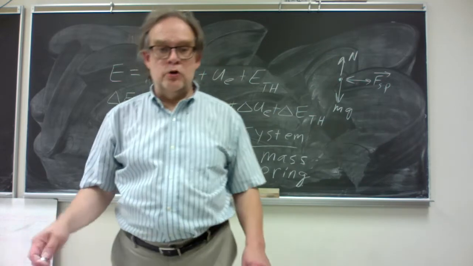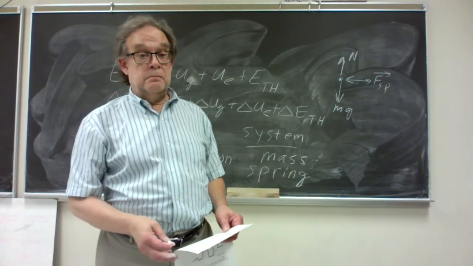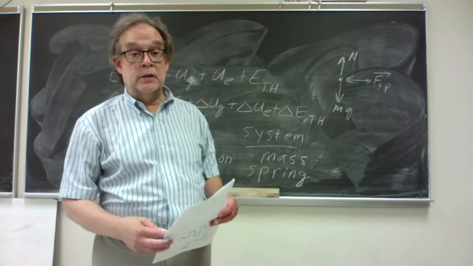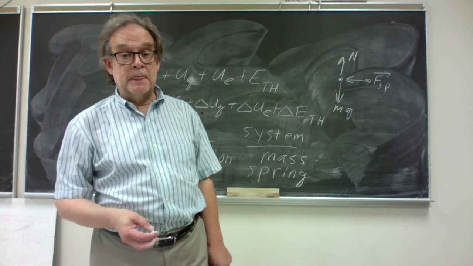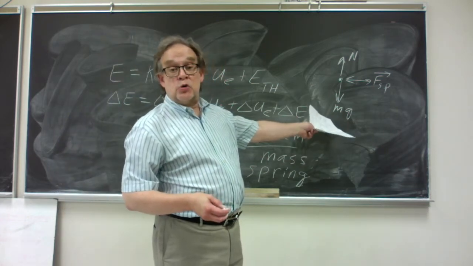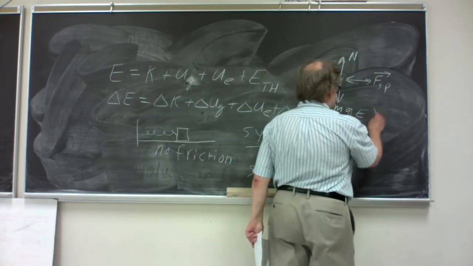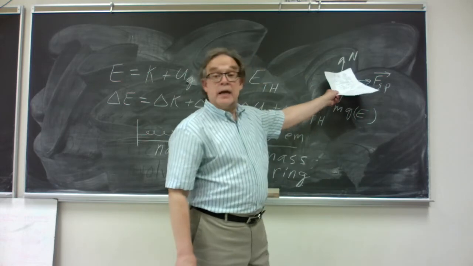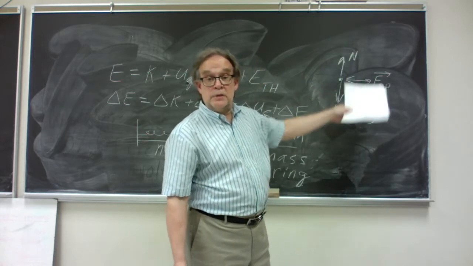That spring force could be either pushing or pulling, could be pushing to the right or pulling to the left, depending on where exactly the mass is. But that's an internal force because its source is the spring. Its source is inside the system, part of the system. The weight is an external force because its source is the Earth, which is not part of the system. And the normal force is an external force because its source is the tabletop. It comes from the tabletop.